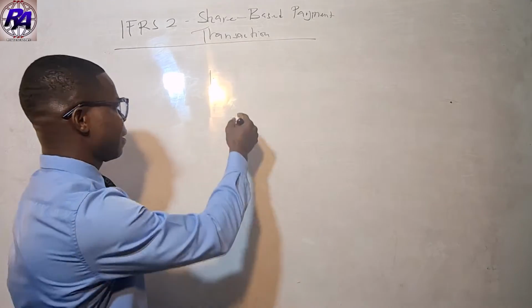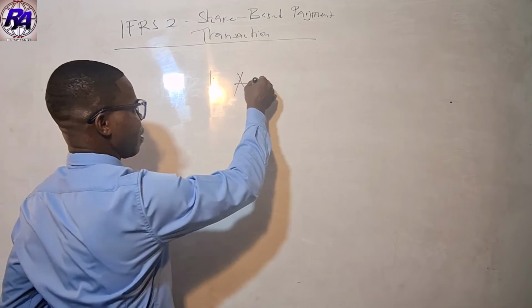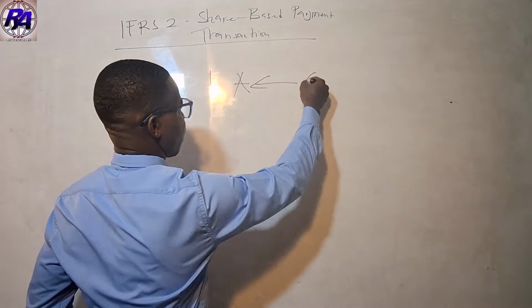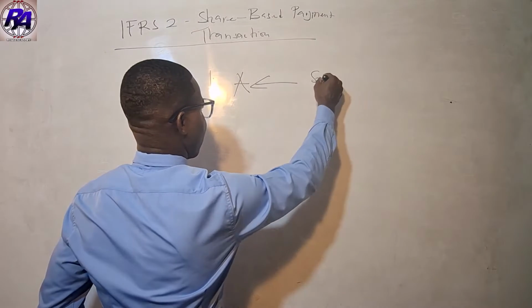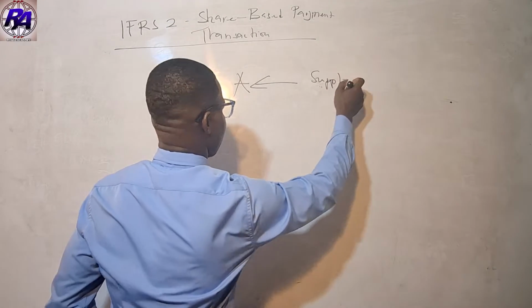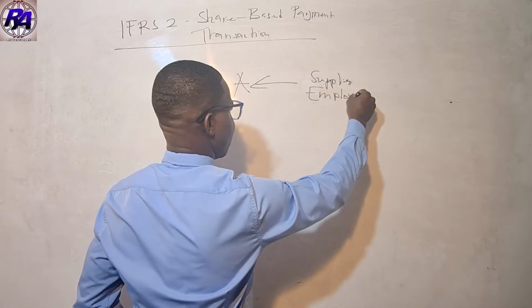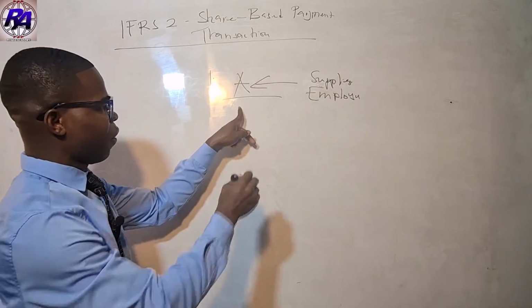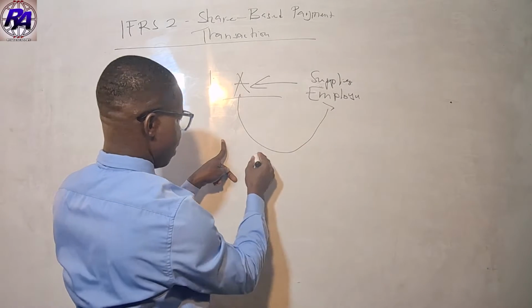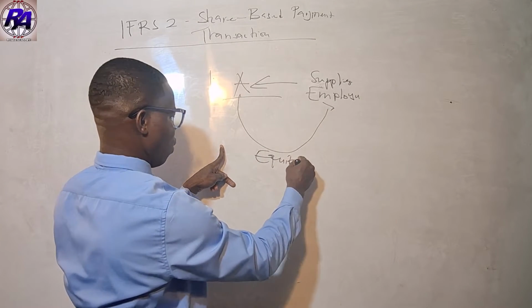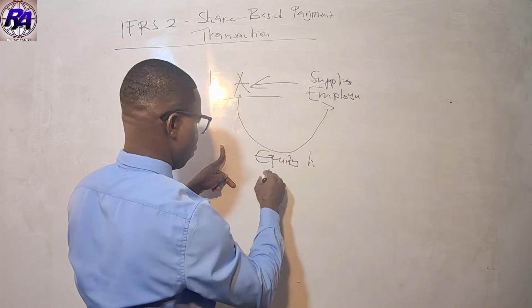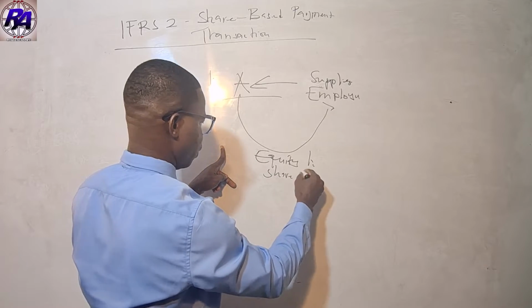For instance, let's say entity A is receiving goods from a supplier, or an employee has rendered services to entity A. And in return for paying for this, the entity is issuing what we call an equity instrument, or a share option.